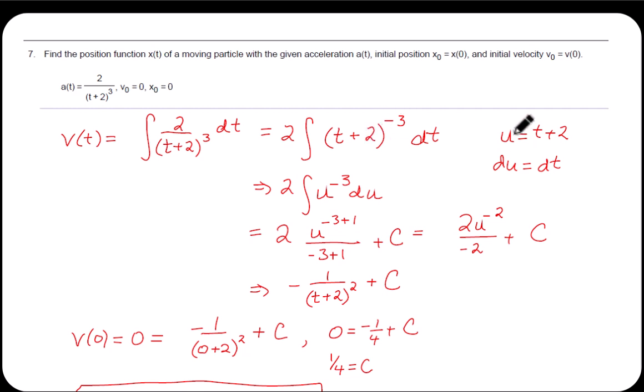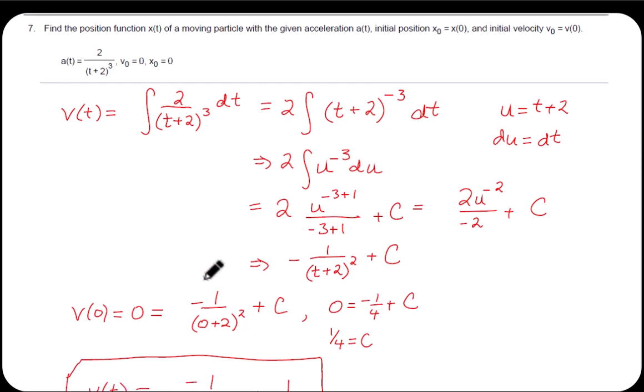So let u be the inside stuff. du is dt. So power rule to get my formulation. And so let's see, 2 over minus 2 is just a 1. And now I fill back in what was u, and that's t plus 2. All right, so kind of ugly.